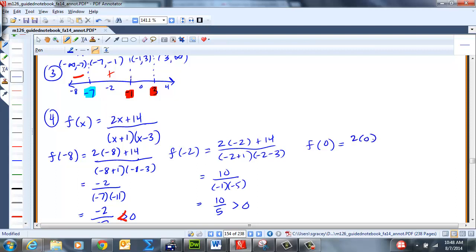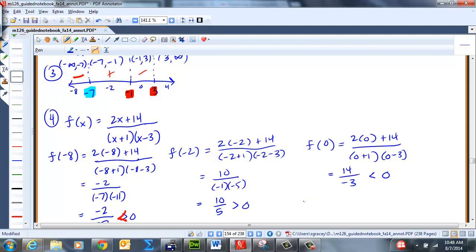All right. So now f(0) is going to give us (2 times 0 plus 14) over (0 plus 1)(0 minus 3). So we'll have positive 14 over 1 times negative 3, which is negative 3. So that's less than 0.